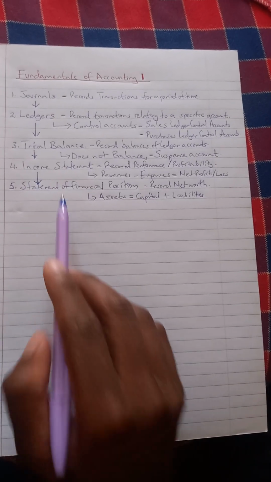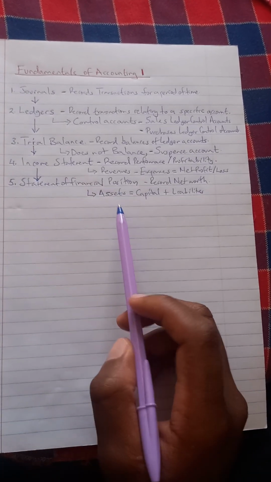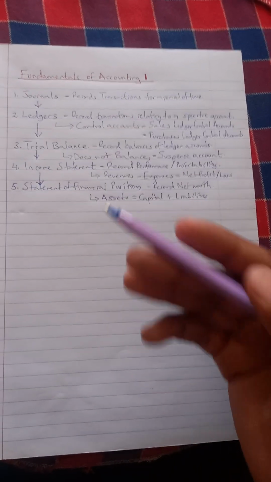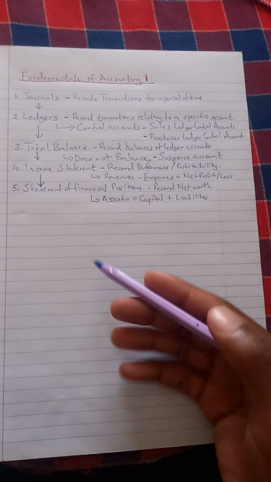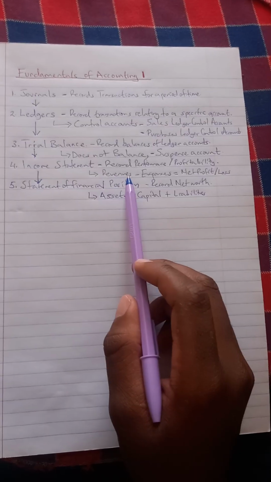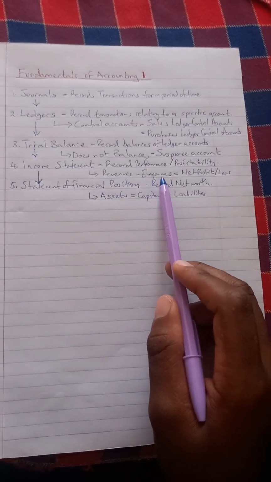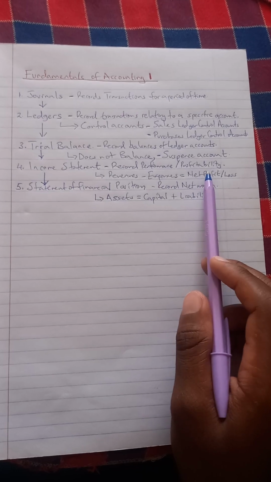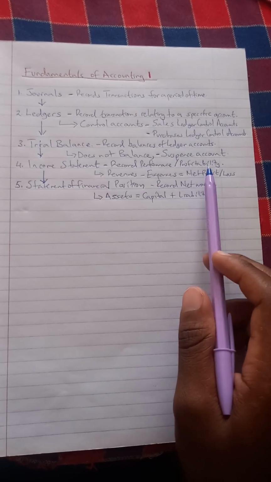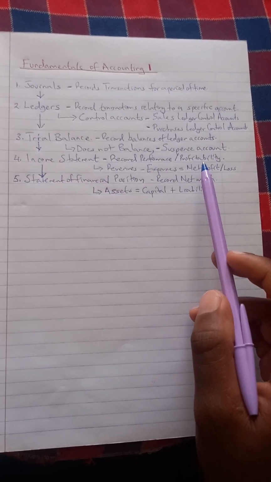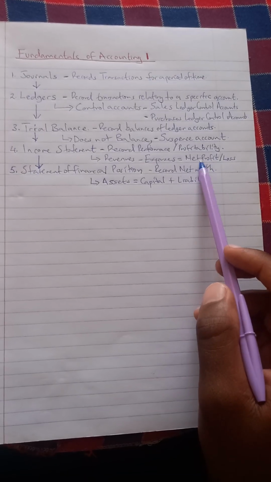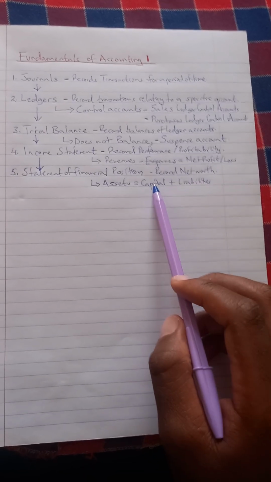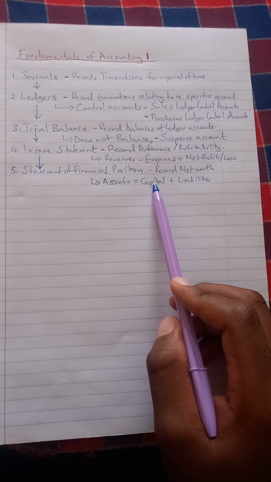Okay, so if you look at these statements, there is a certain format which is being portrayed. Here you will start with the revenues, and then you will subtract the expenses for you to get the net profit. And then this value for the net profit, whether it's a net profit or a net loss, you will be required to use here under capital.